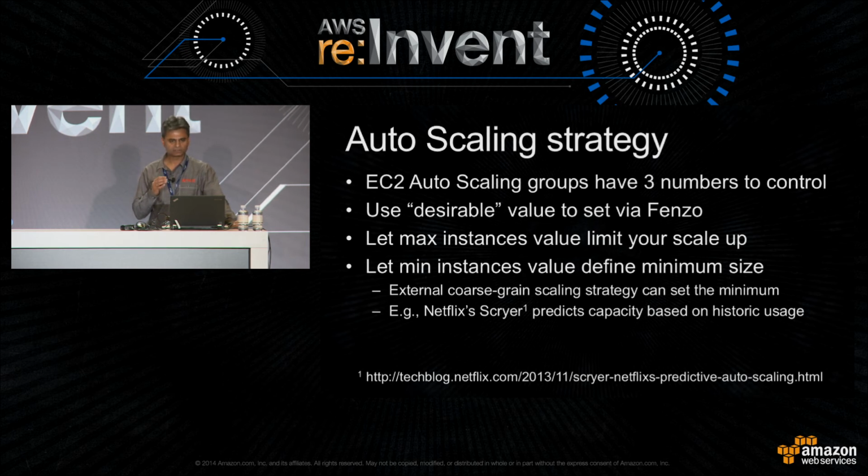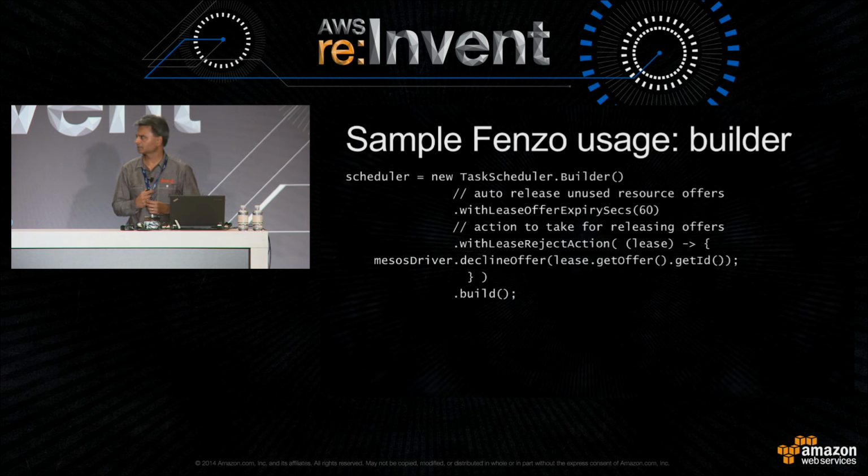And then what Fenzo does is it auto-scales up and down based on the current demand between the min and max. So that's the strategy.